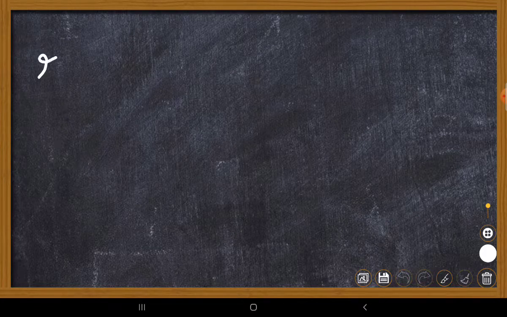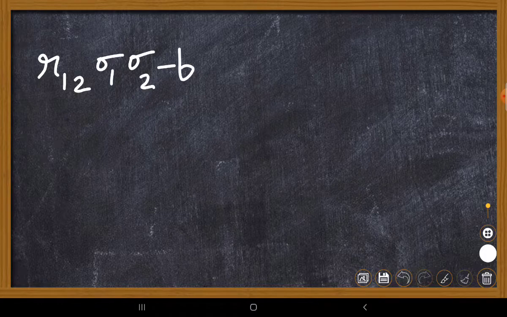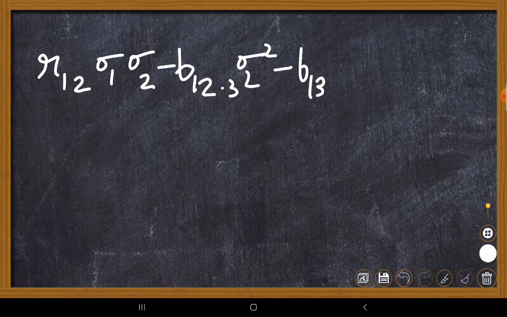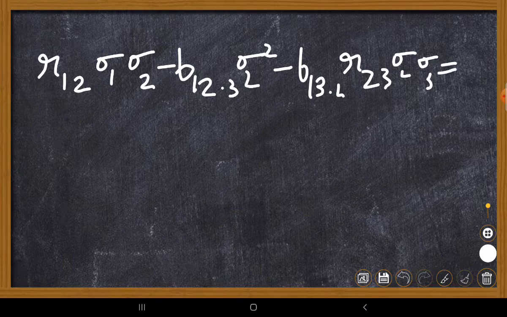these normal equations: r12 sigma 1 sigma 2 minus b12.3 sigma 2 square minus b13.2 r23 sigma 2 sigma 3 equal to 0, okay?